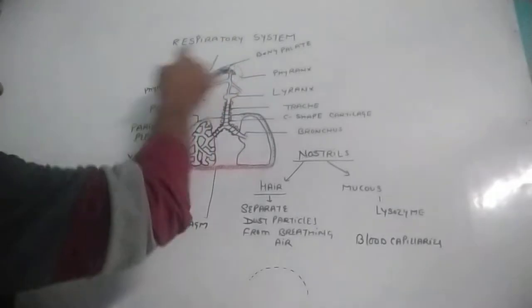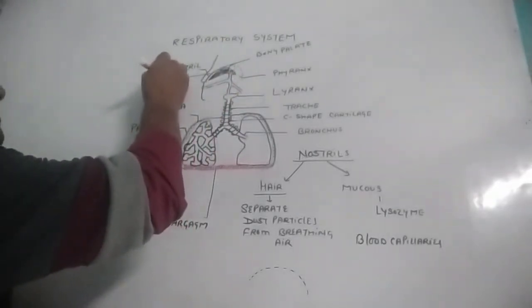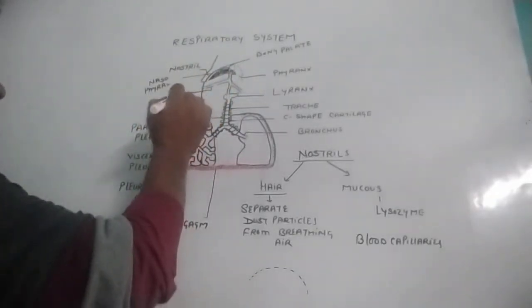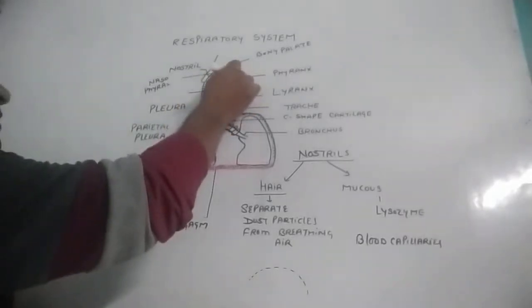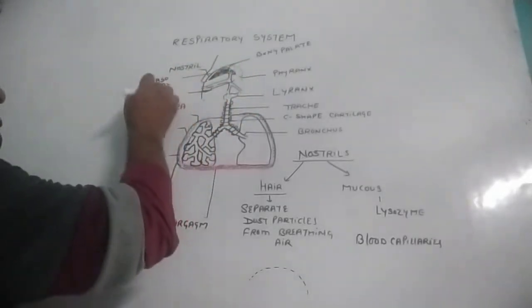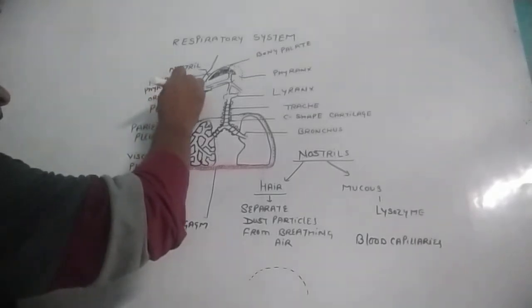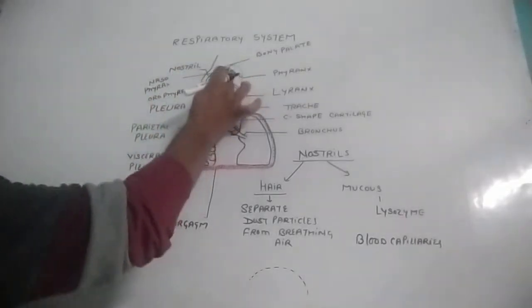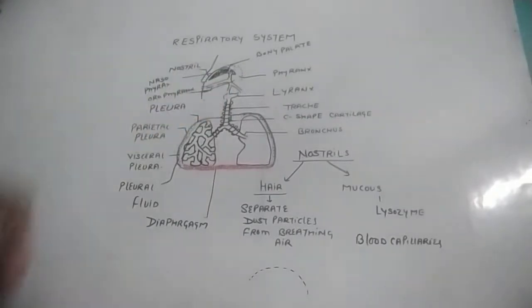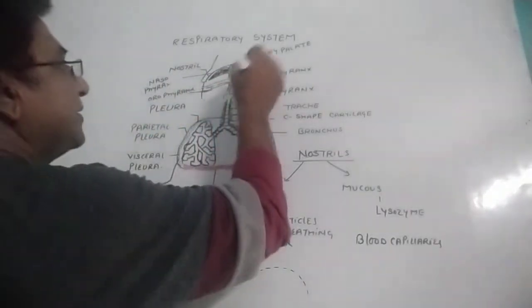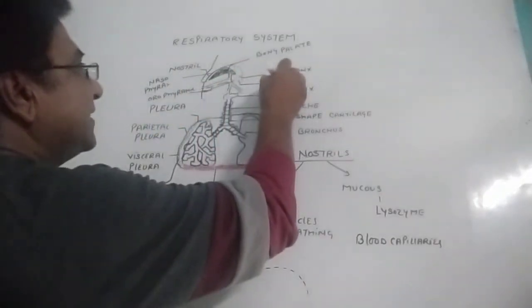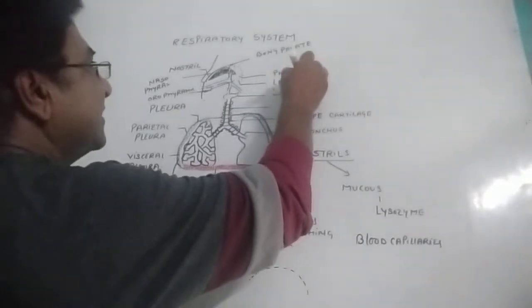This is the nasal part, so it is called the nasopharynx. The pharynx connected to the oral cavity is called the oropharynx. And the pharynx which is going to open into the trachea is called the laryngopharynx.